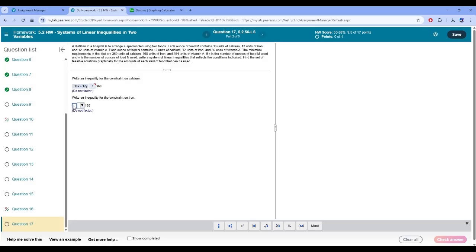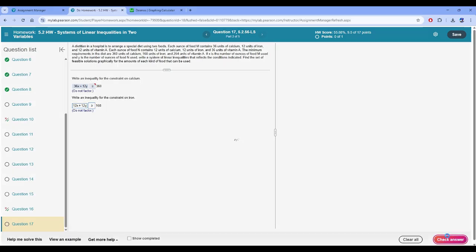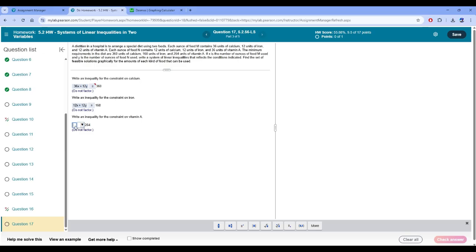Next one is going to be 12x plus 12y greater than or equal to. Check answer. Fantastic. And the last one's going to be 12x plus 36y, greater than or equal to.